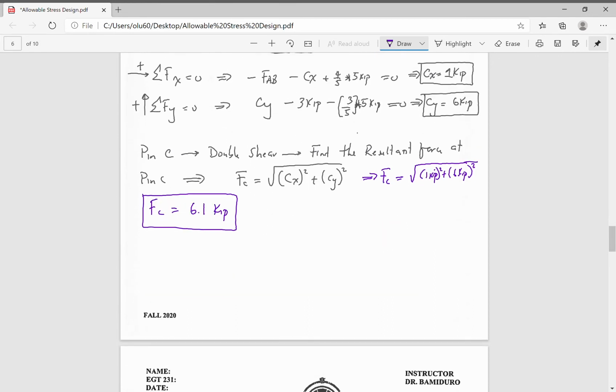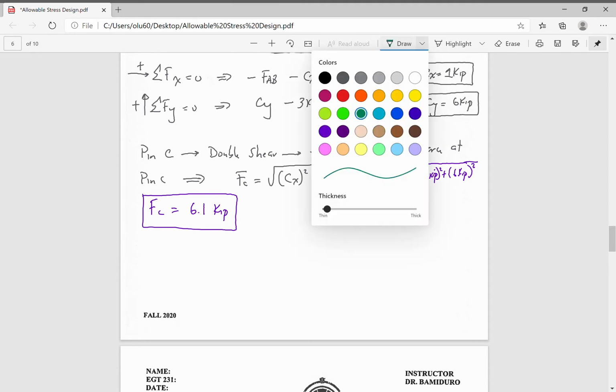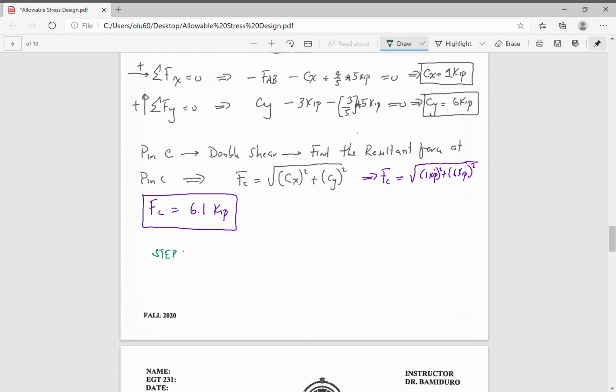So once we find that out, we can take it a step further, and in terms of our step 3, we want to be able to find the allowable stress at each pin.